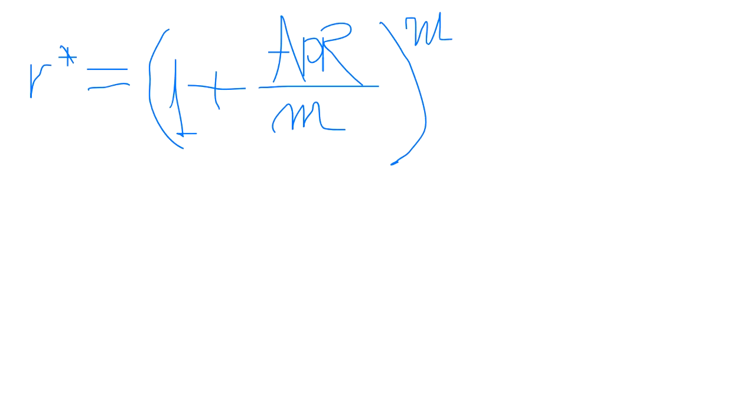Now, isn't it something already very familiar, isn't that right? Because it's basically what is this? This is basically the periodic rate, right? We've been using the periodic rates all along, right? Because that's what really matters in compounding, right? And this is what? That's the compounding frequency.